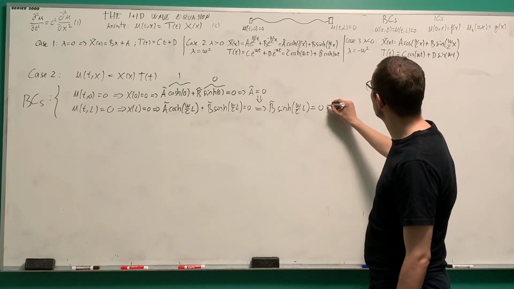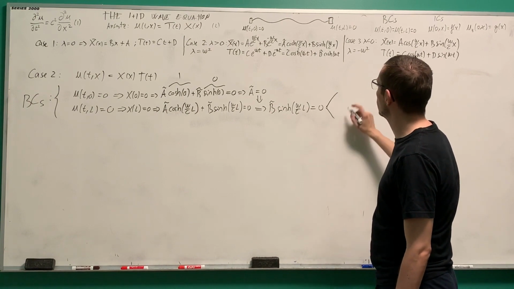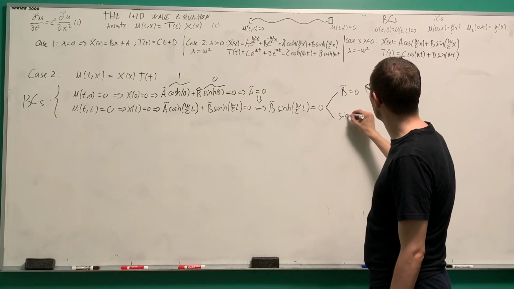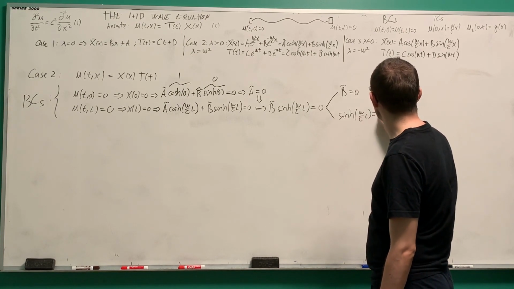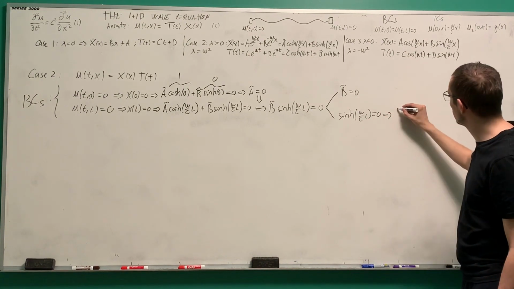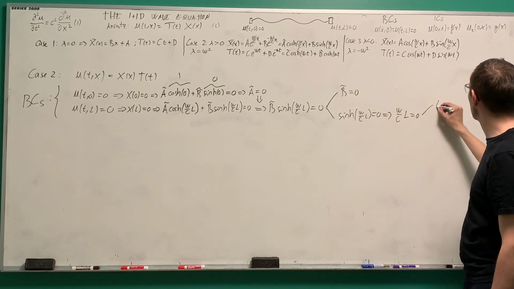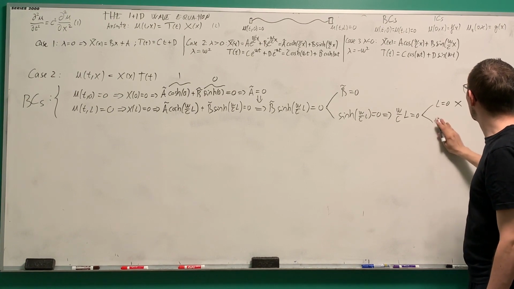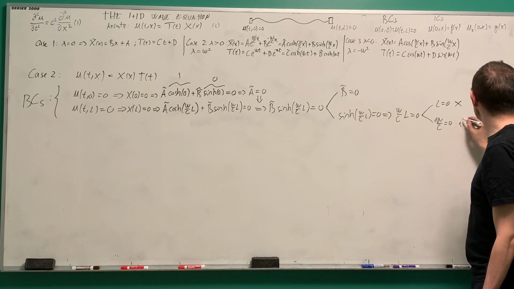Alright, several options here, divided into families if you want. First, either B tilde is 0 or the sinh of omega over C L is 0. The only zero of the sinh is when the argument is 0, so this would imply that omega over C times L is equal to 0. What are the options here? L is 0, inconsistent. And the other one, omega over C is 0, which is inconsistent as well.